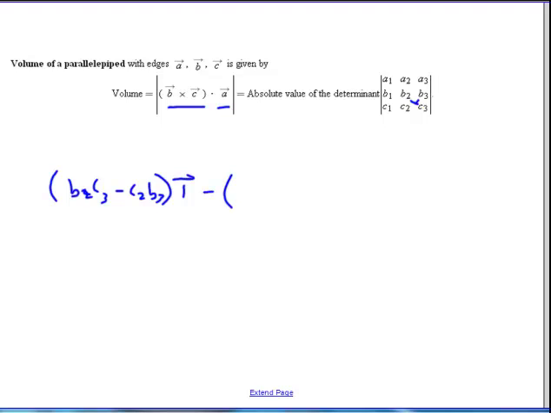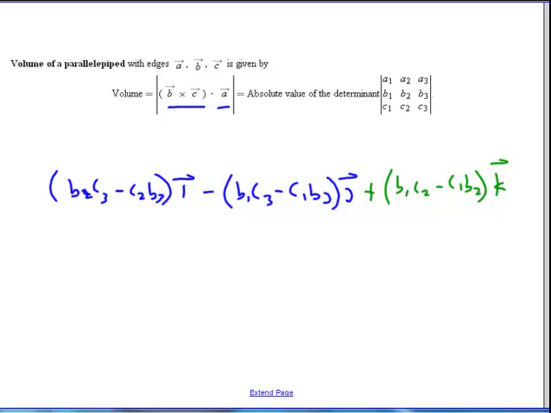Minus B1 C3 minus C1 B3 in the J direction, and that's from doing this. And then plus B1 C2 minus C1 B2 in the K direction.